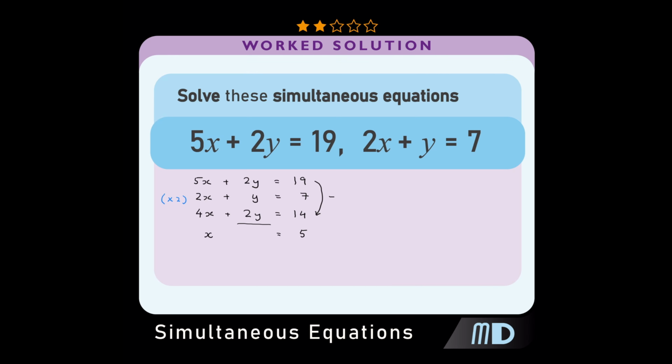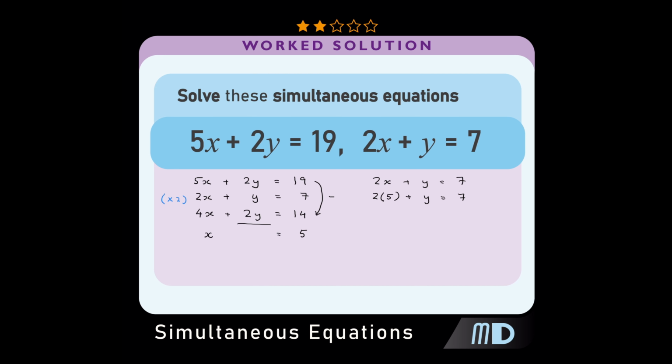Choosing the second equation, 2x plus y equal to 7, we get 2 multiplied by 5 plus y equal to 7. And 2 multiplied by 5 is 10.